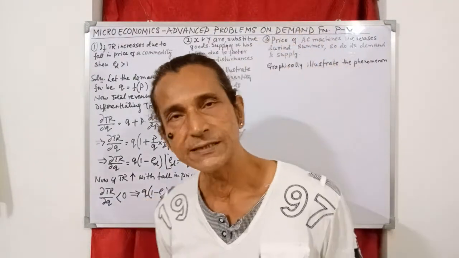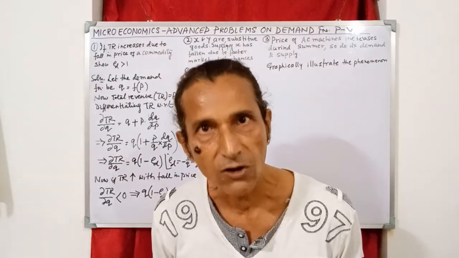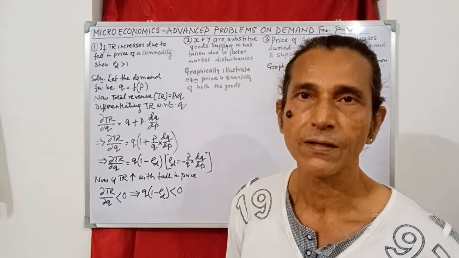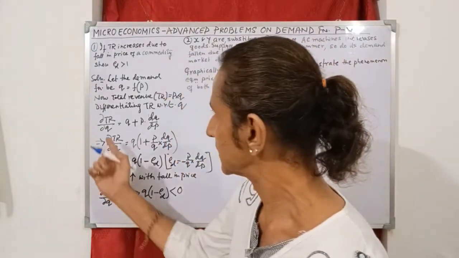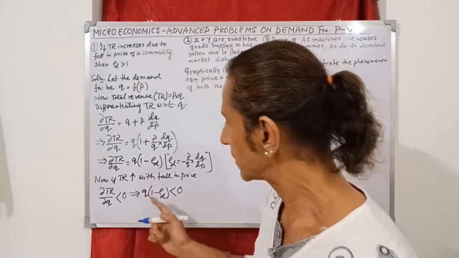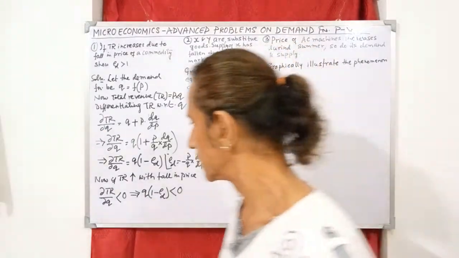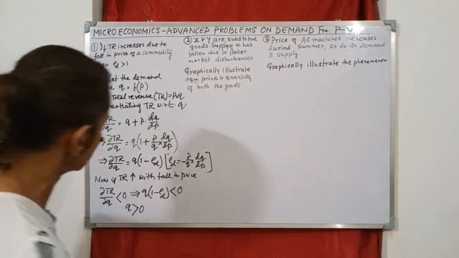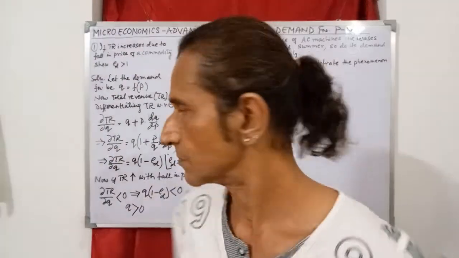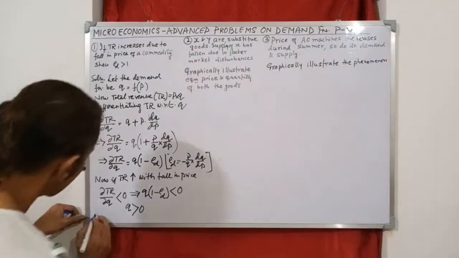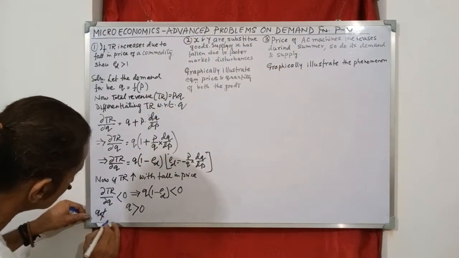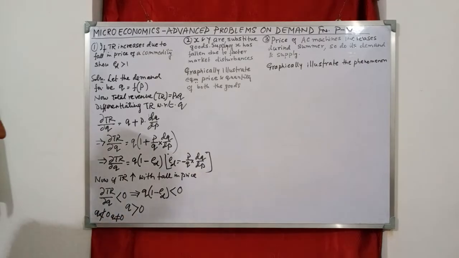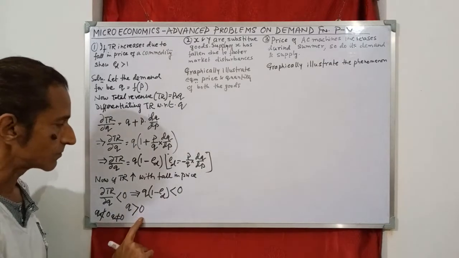Now Q cannot be less than 0. Q cannot even be 0 because Q must be a positive quantity. Otherwise TR would have been 0. So Q is a positive quantity. So Q must be greater than 0. Q cannot be less than 0 and Q cannot be equal to 0. It must be greater than 0.